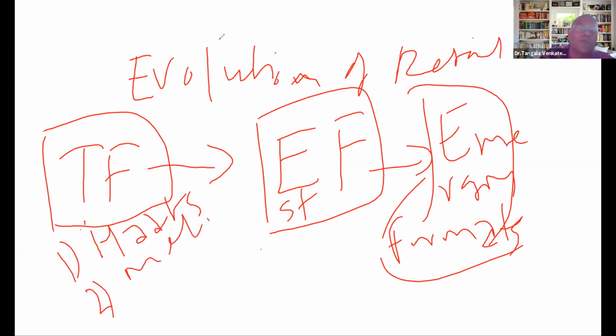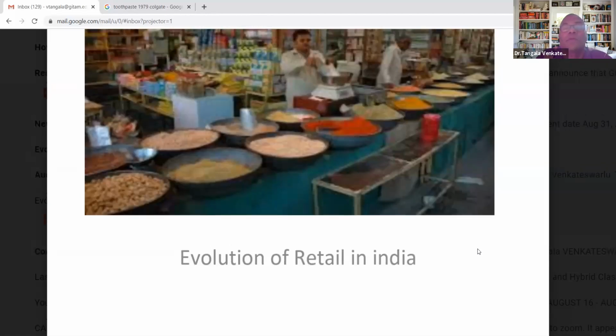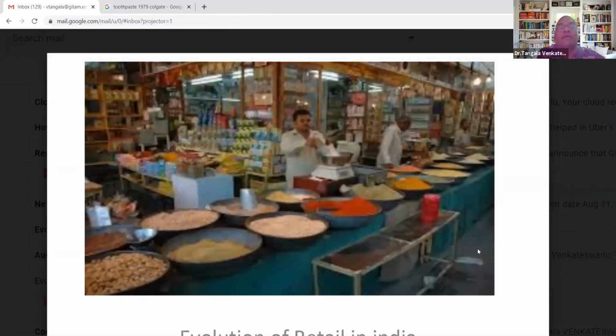People were buying products from melas. Third is mandis. Fourth is itinerant salesmen. You might have seen such outlets which exist till date. Also, if you go to the Purana market area, you can see such retail setups prevailing even now.